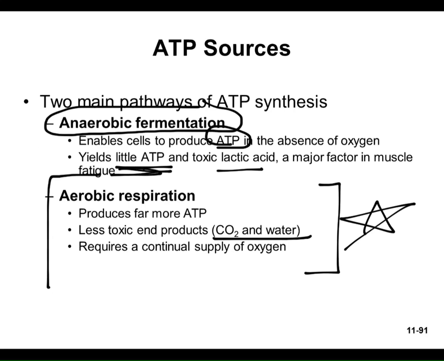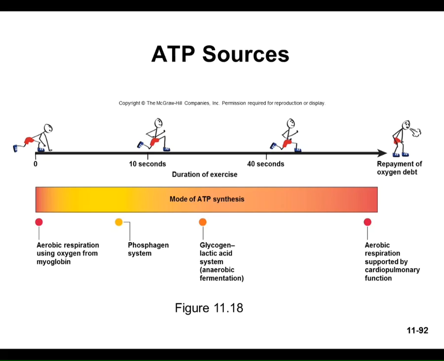So your muscles want to stay in a state of aerobic respiration, but there will be times when you're working hard and exercising, and you start feeling that lactic acid buildup. What that's telling you is that at the muscle level, even though you may be huffing and puffing and breathing in as much as you can, at that moment your muscles are not getting enough oxygen to keep up making the ATP they need. So we've got both an aerobic and an anaerobic option.